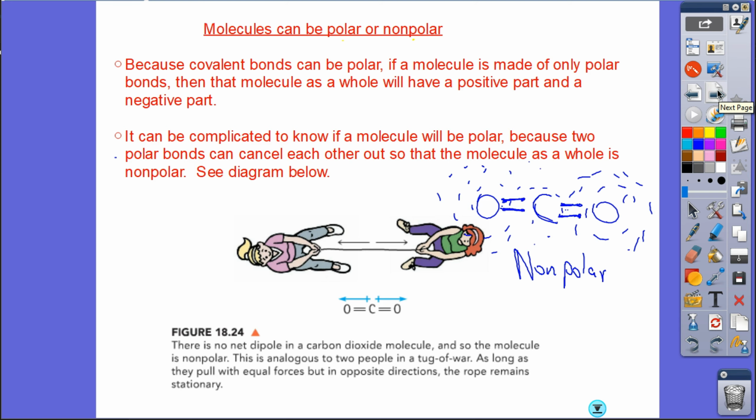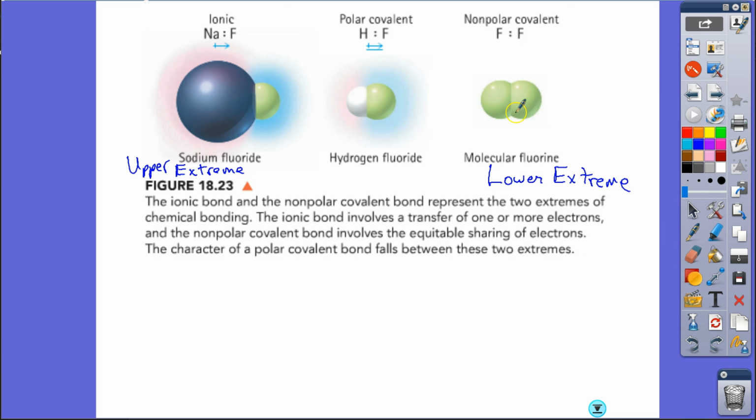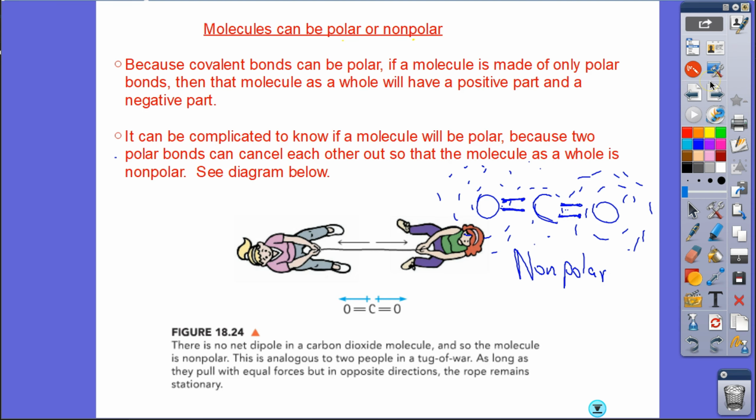So we've been talking about molecules being polar and nonpolar, or no, we've been talking about bonds actually being polar and nonpolar. I'm sorry, I may have been saying molecules a lot back here. But if a molecule has a polar bond, it usually means that the molecule itself is polar. So if the bond is polar, the molecule is probably polar.